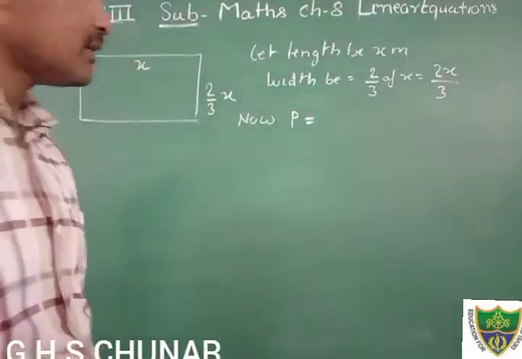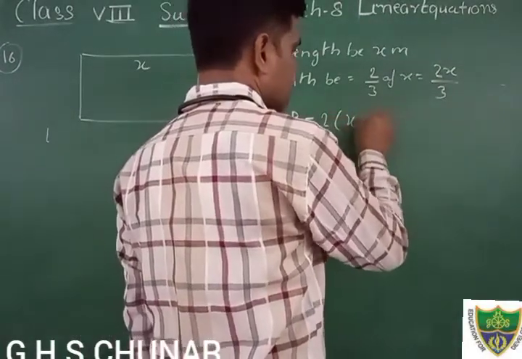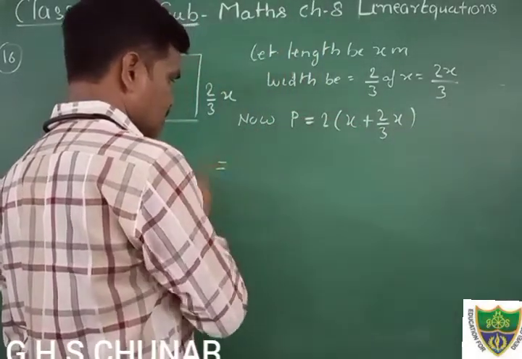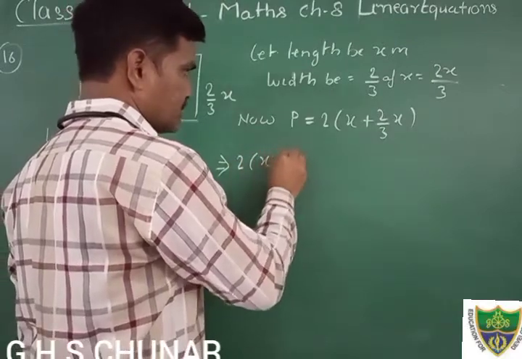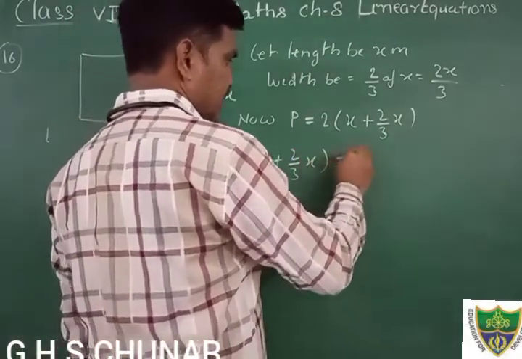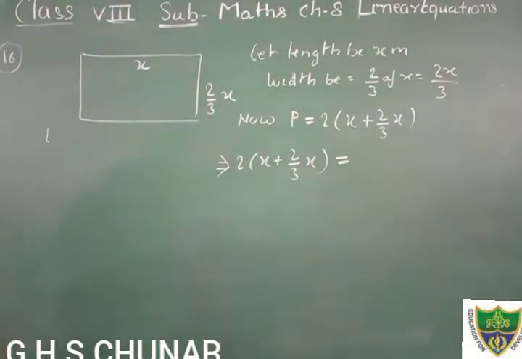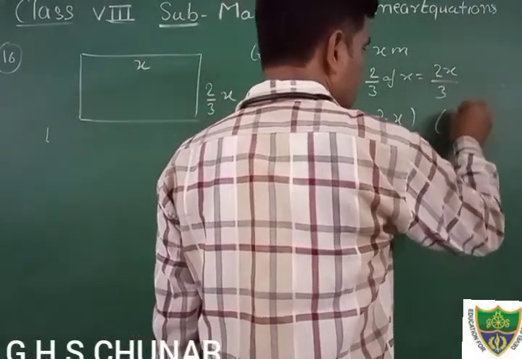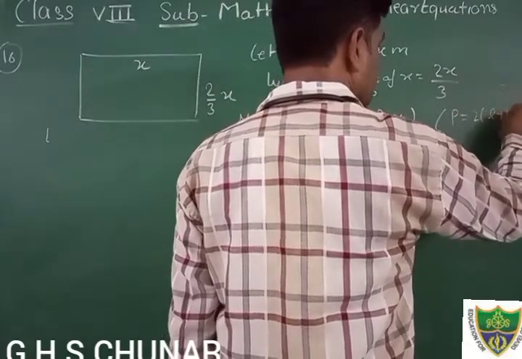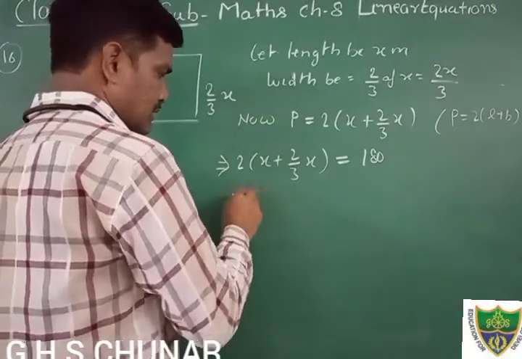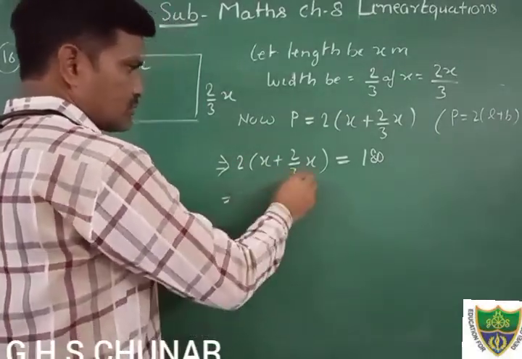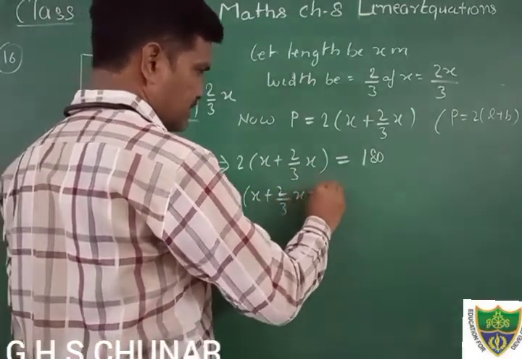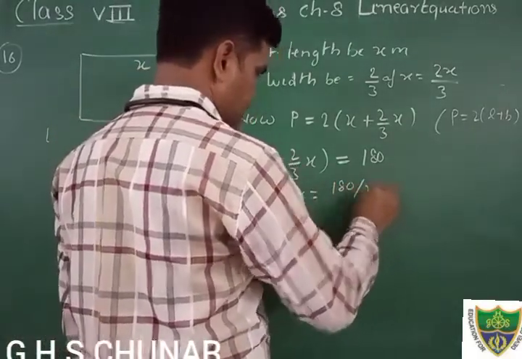That is 2 in the bracket L plus B. So x plus 2/3 of x is equal to 180 divided by 2, that is 90. Perimeter P is equal to 2 times L plus B.